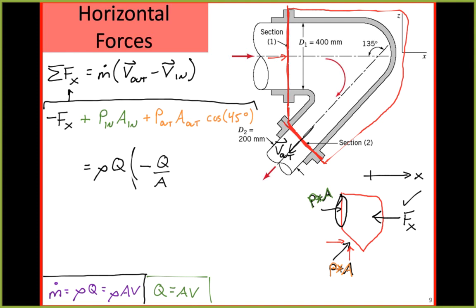Now, Josie, tell me what you just said again. Well, since it's at an angle, if we're going perpendicular to the outlet, it's not perfectly along the axis. So some of that velocity is directed in the x direction, but not all of it. So for the stuff going in the x direction, we need a cosine 45 degrees to make sure that we get just the x component of that velocity.